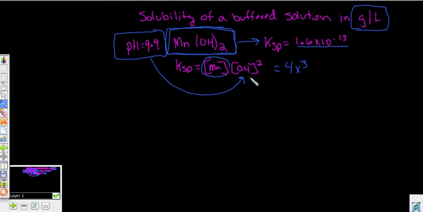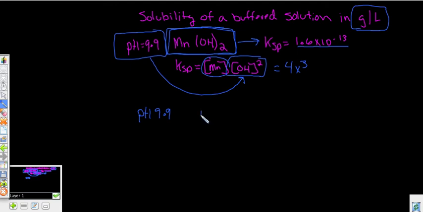So our first step really is going to be to figure out what our concentration of hydroxide ions is. So our pH is 9.9. So let's go ahead and turn that into a concentration. Well, actually, this is our pH, but what we need is a pOH, because we're looking for our hydroxide concentration. Remember, pH is the negative log of the concentration of hydrogen ions, and the pOH is the negative log of the concentration of the hydroxide ions.